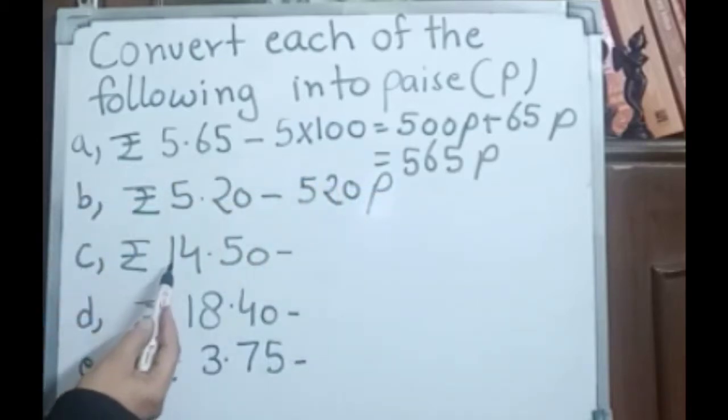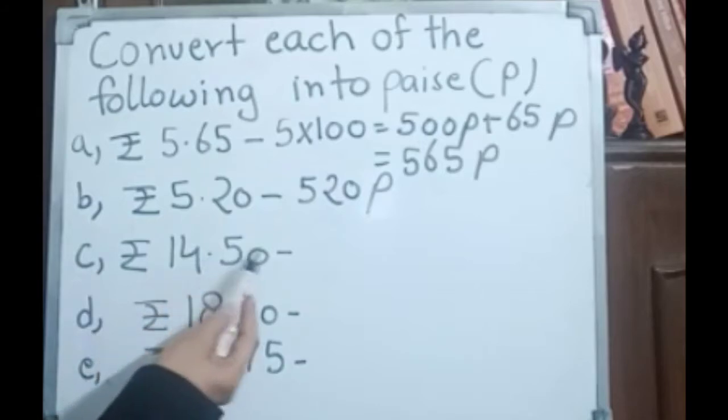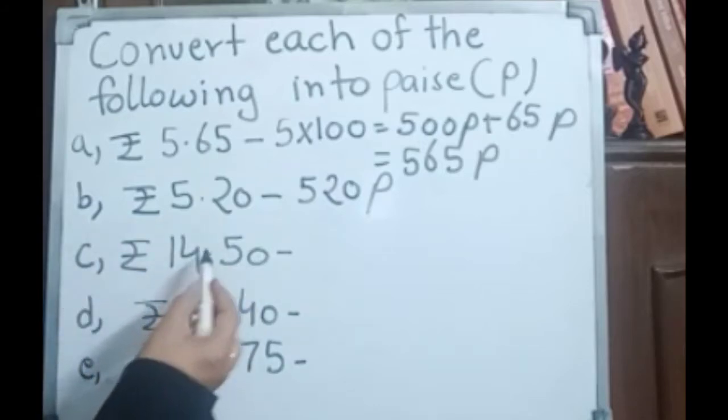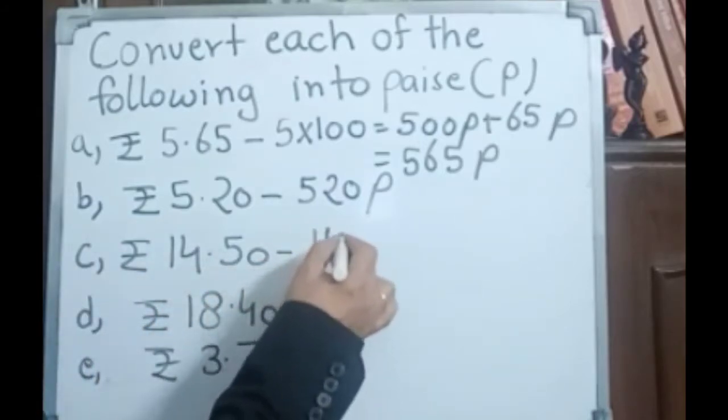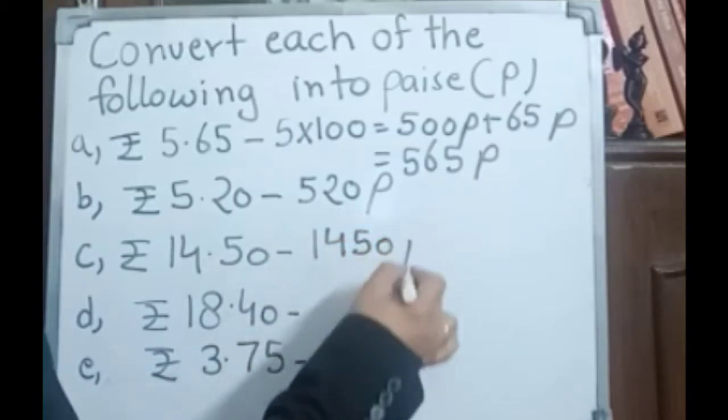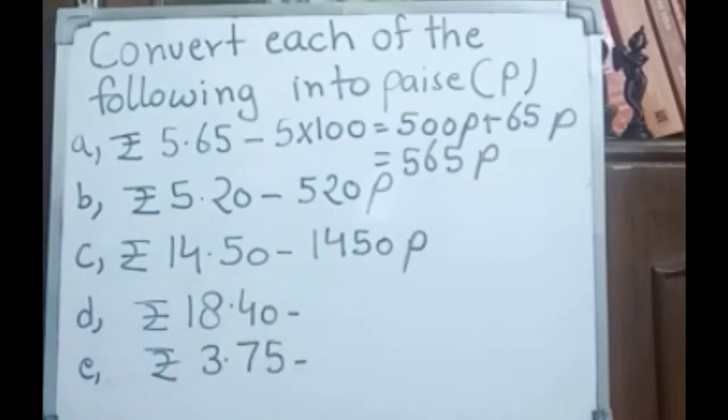Now here we have rupees 14 and 50 paisa. What to do? Remove the dot. 14, 50 paisa means 1450 paisa. Again here we have rupees 18 and 40 paisa. What to do? In your mind you are doing this: 18 into 100 paisa is 1800 paisa plus 40 paisa.